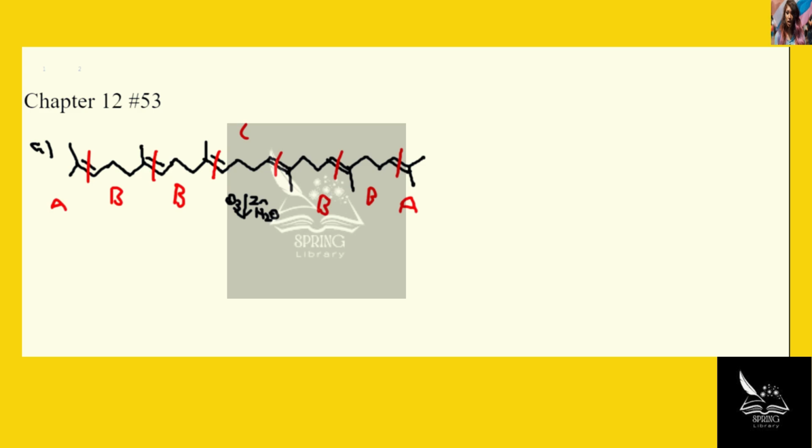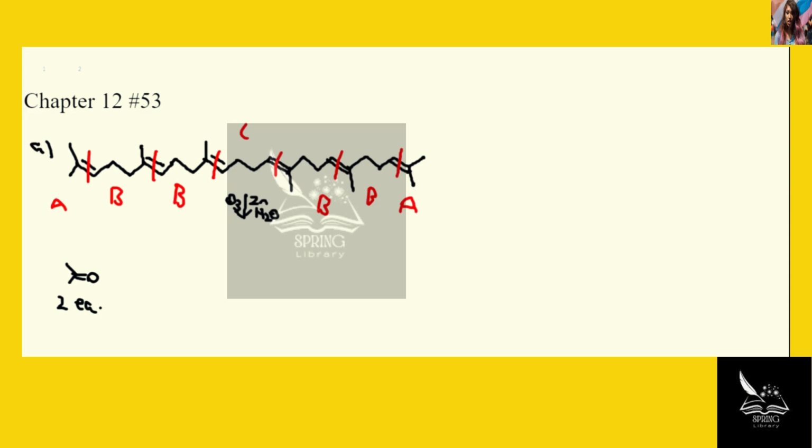So our products are going to be 2 equivalents of A, 4 equivalents of B, and 1 equivalent of C. And so that is going to look like this. A is going to give us acetone. So 2 equivalents of acetone. The product of B is going to be an aldehyde on one end and a ketone on the other.